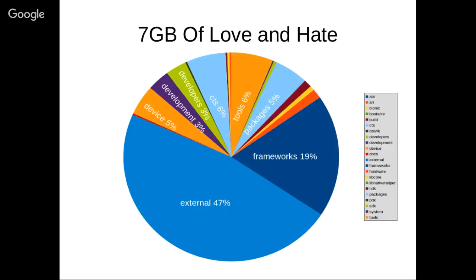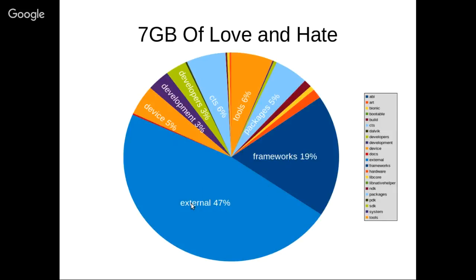Oreo will be much bigger than this one. But basically, what it says over here is all these different projects or folders inside the Android source code. External framework is the one that occupies the majority of the source code.